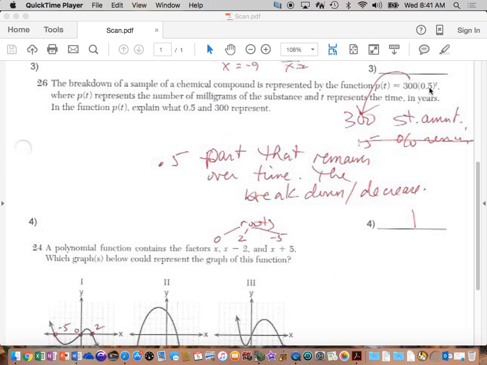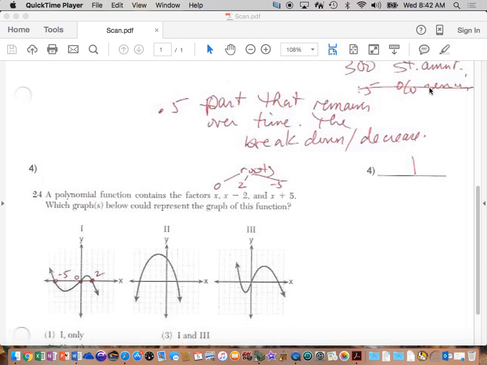If I had, let's say, 1.2, then the 0.2 would be the amount that it's increasing by. In this case, it's 1 minus 0.5. You're left with 0.5, and the 0.5 is the part that remains after the breakdown. So if it said 0.7, 0.7 would be 70% remains, and so on and so forth.